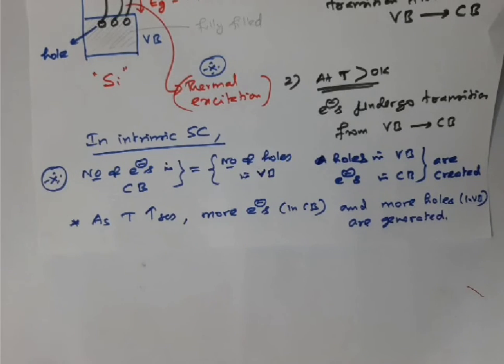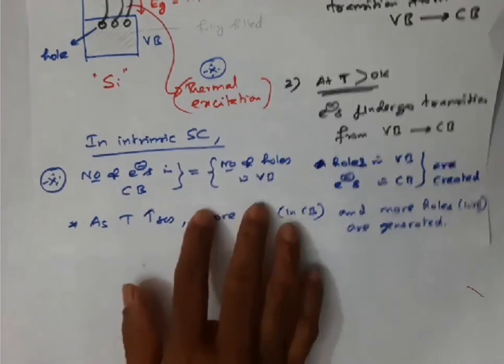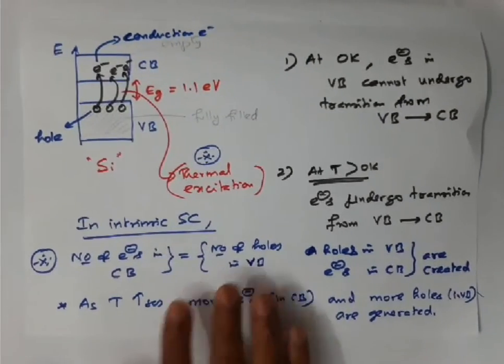Okay, as temperature increases, you'll get more electrons in conduction band, more holes in valence band. And remember, students, any doubt up to this? If you find any difficulty, please tell me, I will help you.